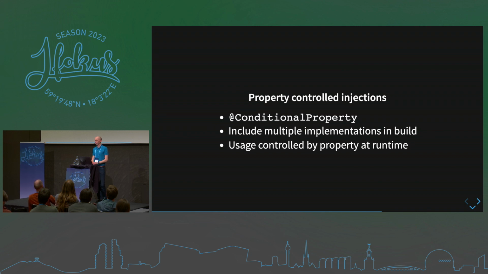This was really helpful for example, the database again. We wanted to produce one build that is possible to deploy in several different environments, but that use different databases. And then you can produce one build, deploy it to several different environments, and just control with a property which one is actually used.